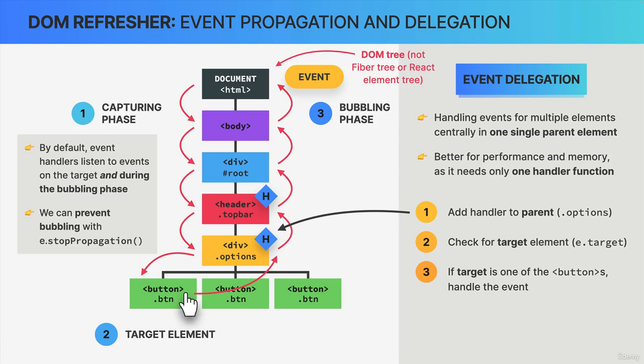Now, if you took my JavaScript course, then you will already know how to do this in practice, because, in fact, we do this all the time in vanilla JavaScript applications. However, in React apps, it's actually not so common for us to use this technique. But that might leave you wondering, if this is actually not important in React, then why are we even talking about this? Well, for two reasons.